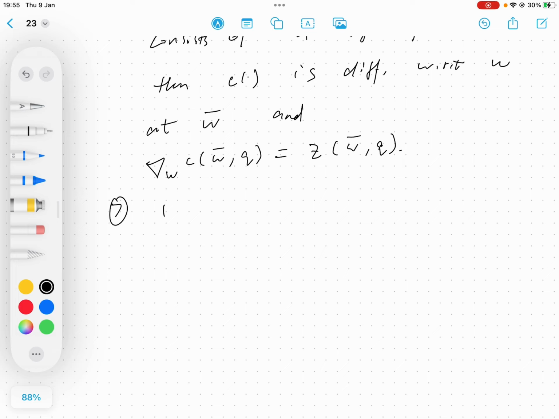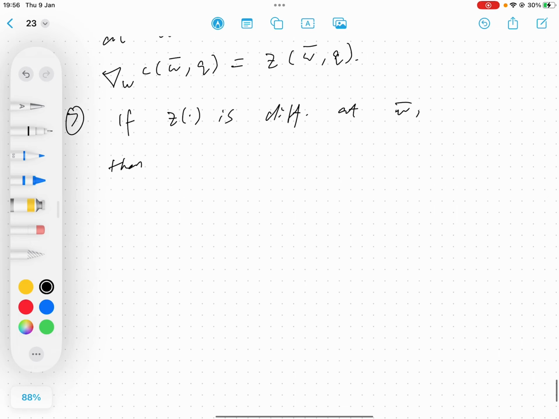Okay, if Z is differentiable at w bar, then we further differentiate with respect to w for this Z, so that is to differentiate C twice with respect to w.